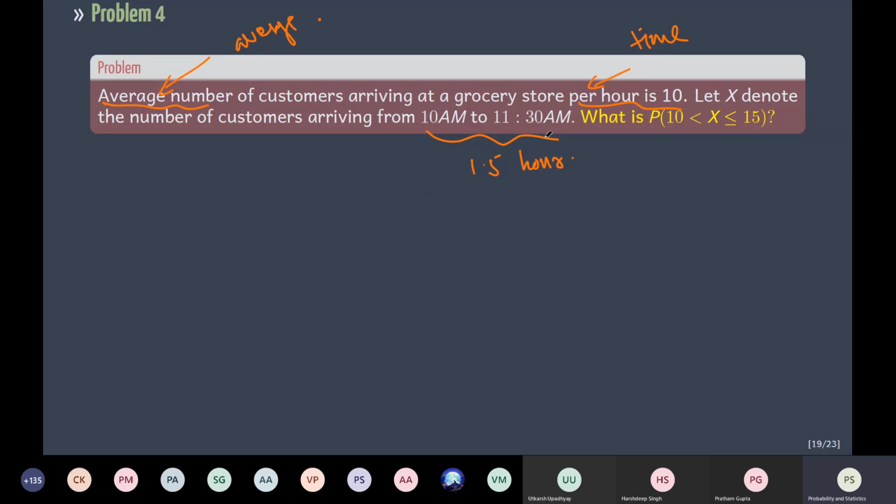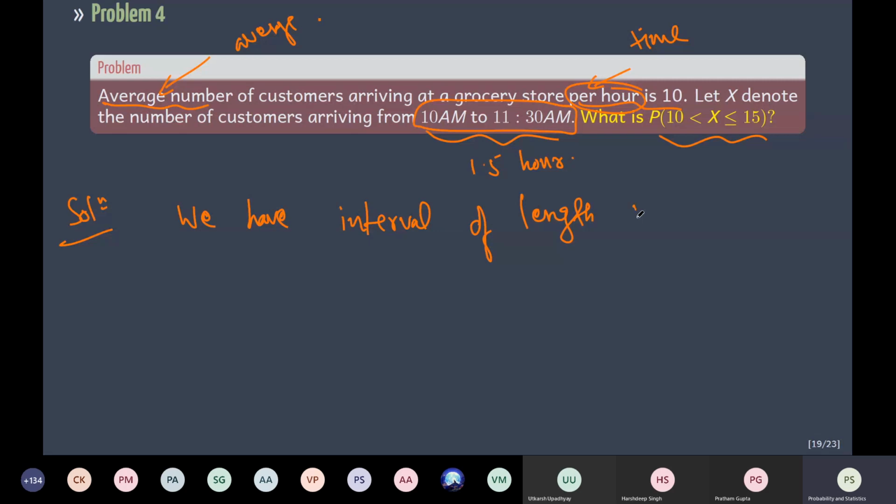Because the average that is given is per hour, which is 10, we have to scale this by multiplying it by 1.5 so that we get the average for the required time duration. These are the cosmetic things we have to do for Poisson. So we have an interval of length 1.5 hours.